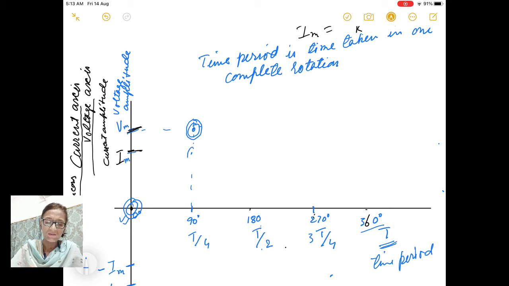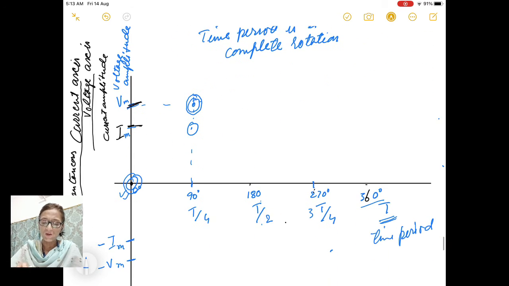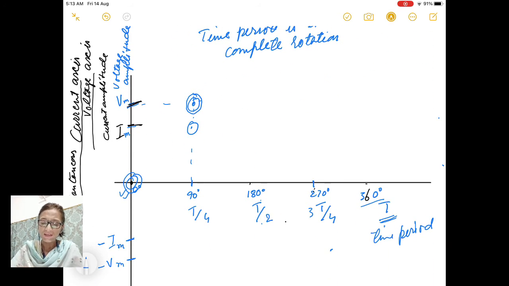You have current of this value. When you put 180 degree in place of theta, sine 180 degree is equal to 0. So your instantaneous EMF E becomes 0 and I also becomes equal to 0 at 180 degree.